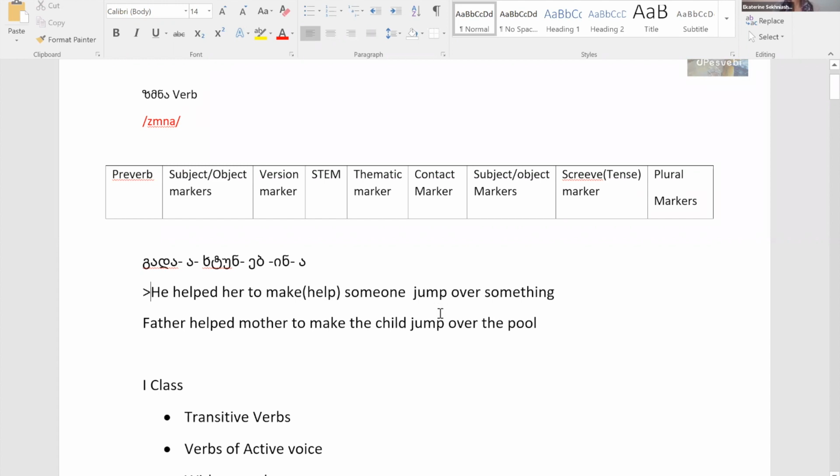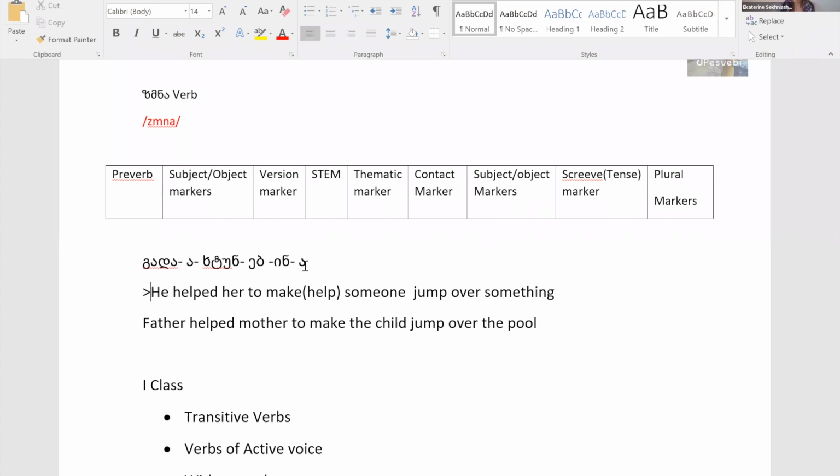If we make the breakdown of the verb, gada is the preverb. A is the version marker. Chtun is the stem. Eb is a thematic marker, stem marker. In is a contact marker. A is a third person singular subject marker.